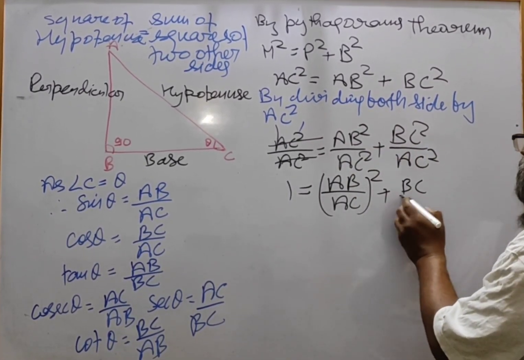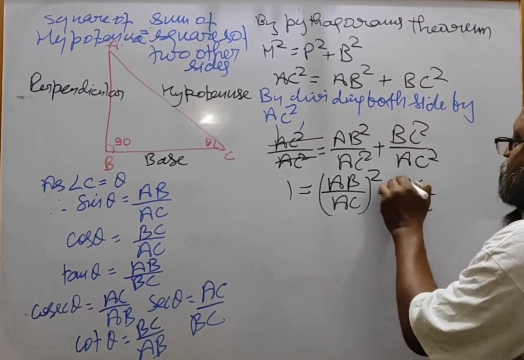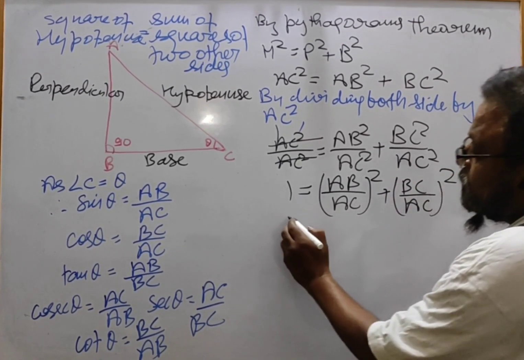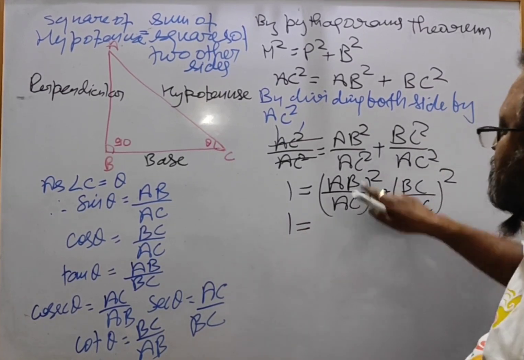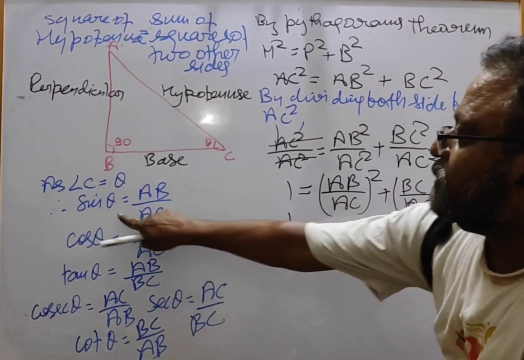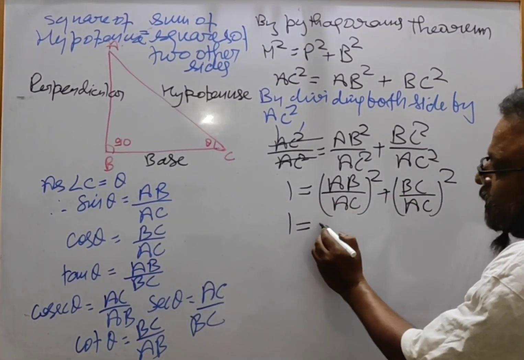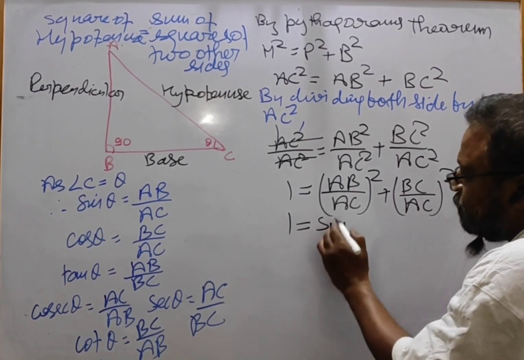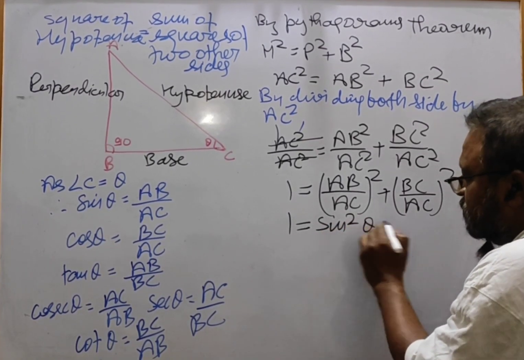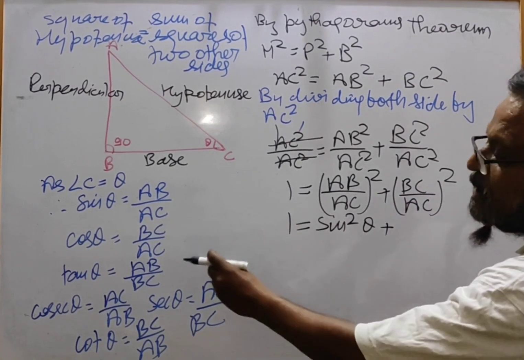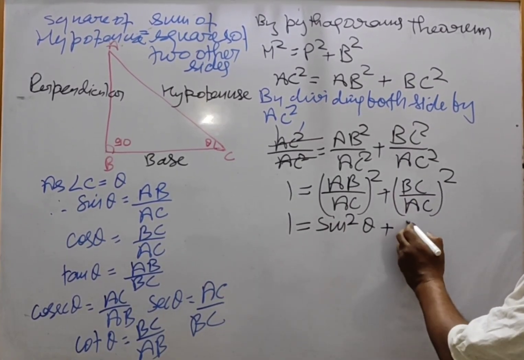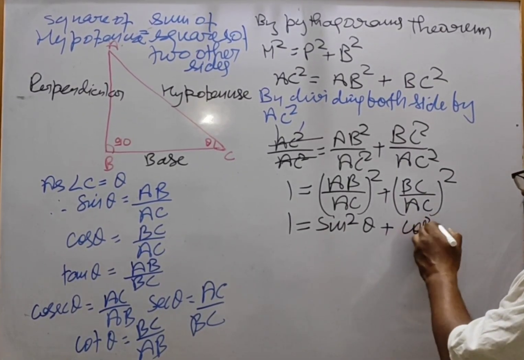So AB upon AC whole square. So 1 is equal to AB upon AC is sin theta, square is there, so we can write sin square theta plus BC upon AC whole square is equal to cos square theta, right?